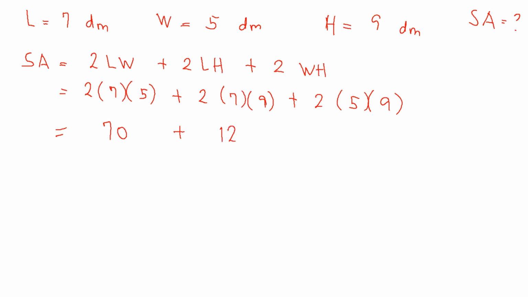Plus 2 times 5 times 9, the answer is 90. Meron na tayo ngayong 70 plus 126 plus 90. Well, the sum is 286 kapag inadd natin to lahat. And then copy the unit of measure, dm, then to the second power, para ito ang ating surface area. Okay? Ayos.